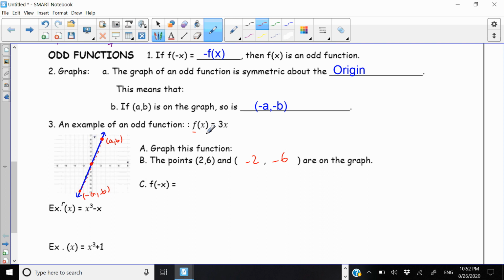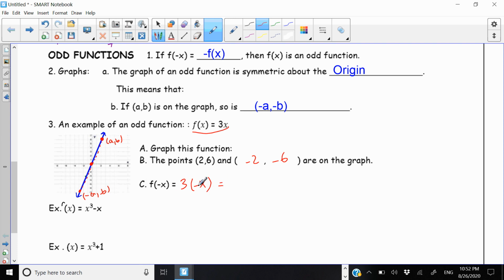So the equation is f of x equal to 3x. If I want to find f of negative x, wherever I see an x, I'm just going to replace that with a negative x. So it was supposed to be 3 times x. But now instead of this x, I'm going to put negative x.